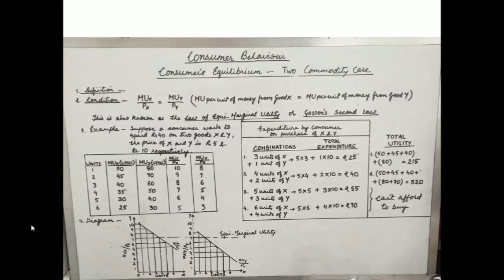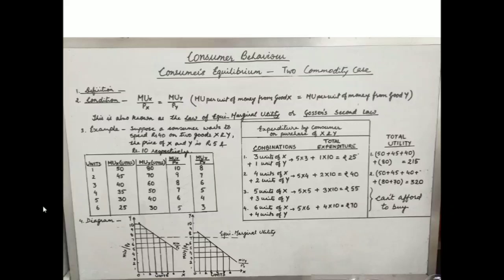Now his marginal utility per unit of money is 7 utils, because we divide marginal utility by the price of the commodity. So here it will be 35 divided by 5, which is 7 utils. Thus, when he buys 4 units of the good, his marginal utility per rupee from the good is 7 utils.